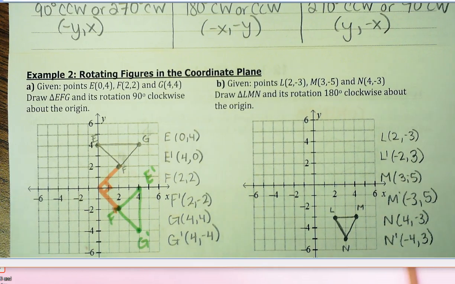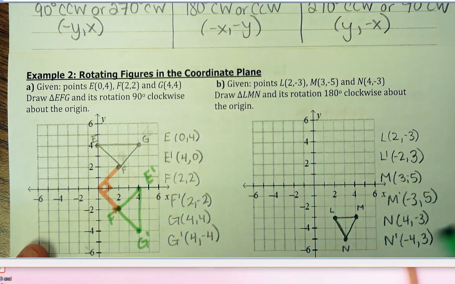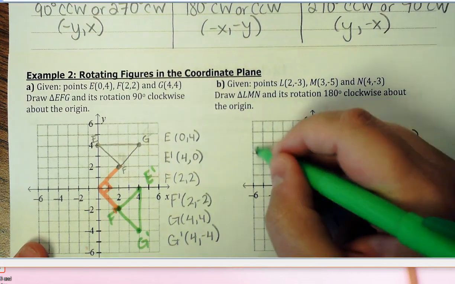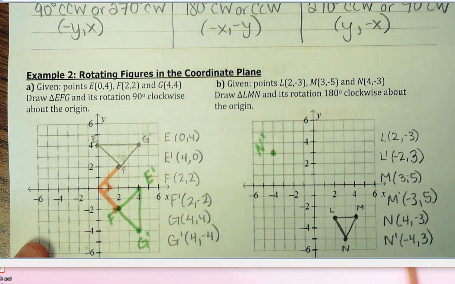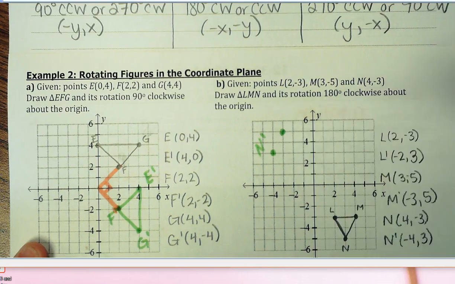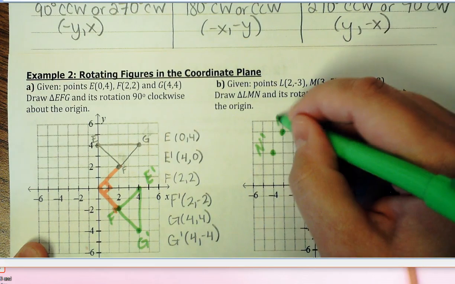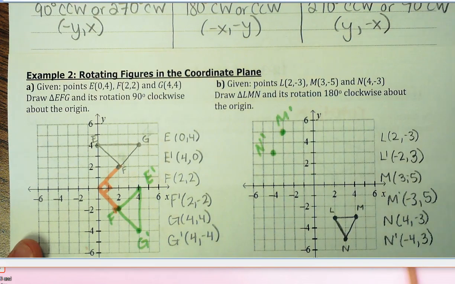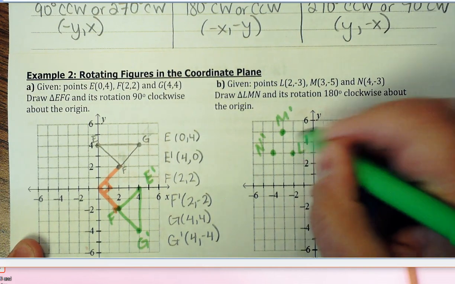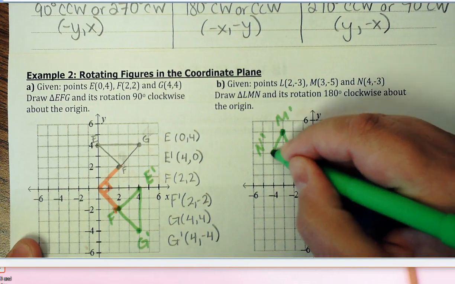And I'm going to come over and put that on the graph. So (negative 4, 3) is my N prime. (Negative 3, 5) is going to be my M prime. And (negative 2, 3) is going to be my L prime. So here's my new triangle.